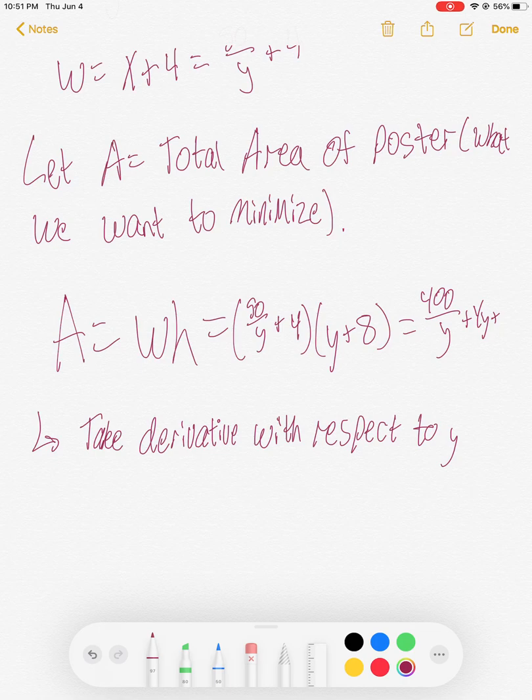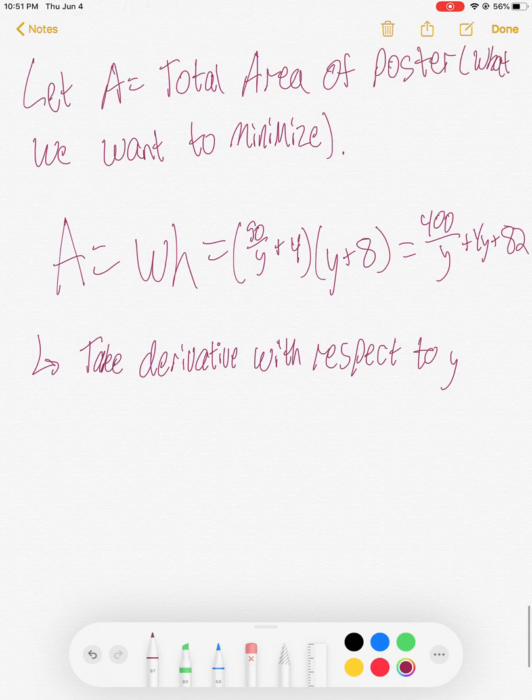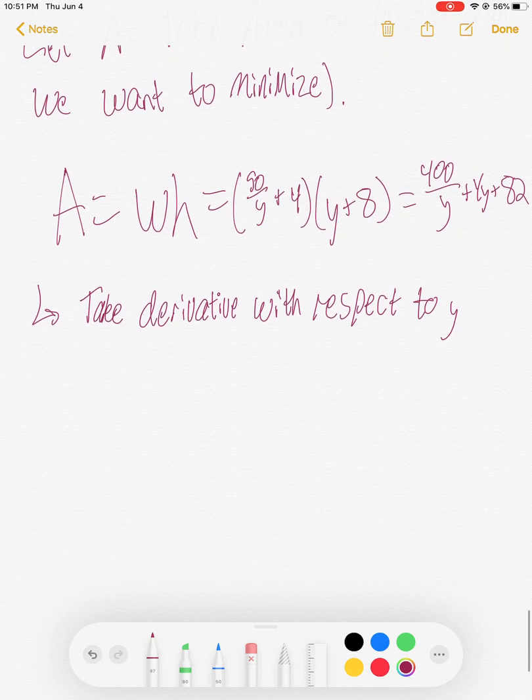I'll combine that 50 with the 32 here at the end. So then I'll get 400 over y, you can double check my computation if you like, plus 4y. Plus, I have that 50 plus 4 times 8 is 32, so that's plus 82. Okay, so the area is 400 over y plus 4y plus 82.